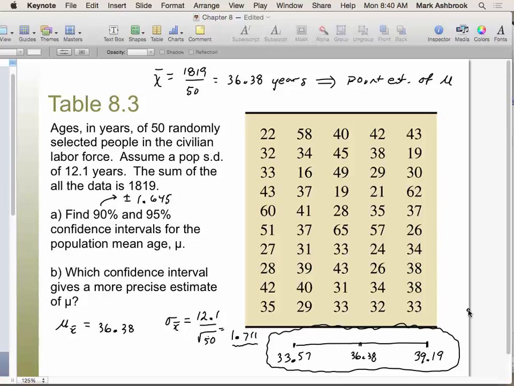Yeah, Tabitha. So what did you do? You're starting from 36.38 and you want to go 1.645 of these, right? So if you wanted 2 of these, what would you do? You wouldn't add 2 plus this. You'd multiply by 2, right? If you wanted 2 1.71s, you'd do 2 times that.